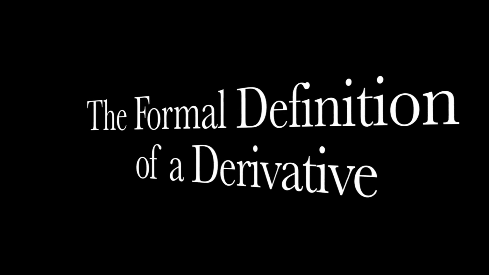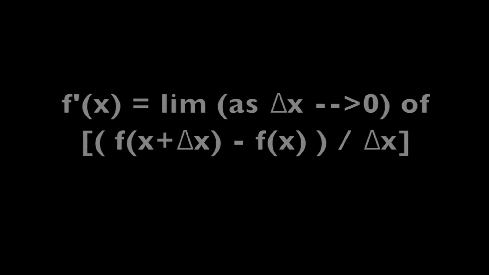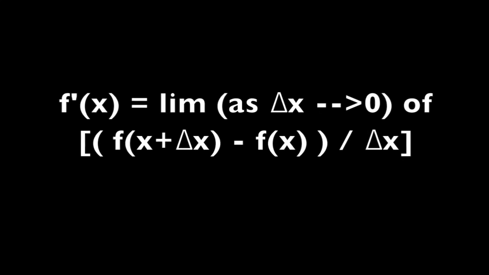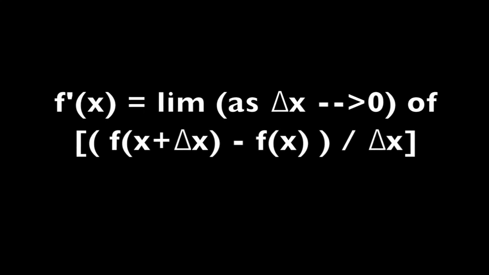Well, you see, Scarecrow, you don't need a brain to find the formal definition of the derivative. Basically, the formal definition of the derivative is finding the derivative of an equation by using the limit process. The main equation you need to know when doing this is the limit as delta x approaches 0 of f of x plus delta x minus f of x, over delta x.